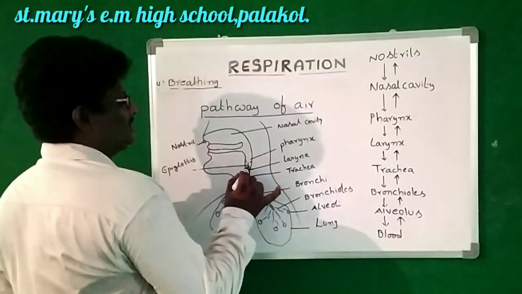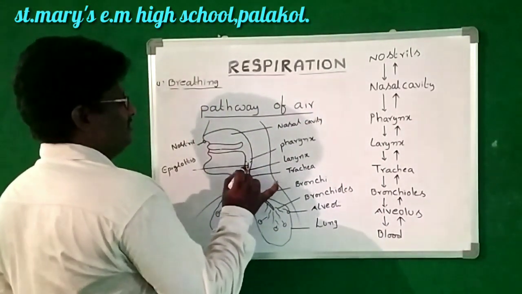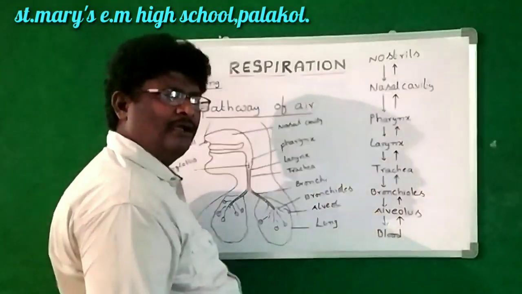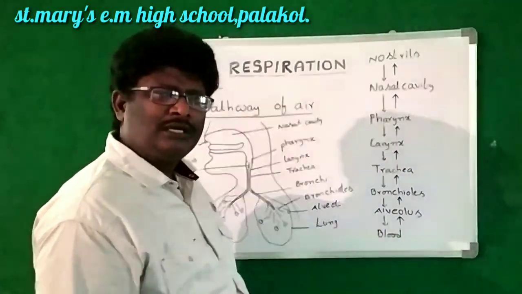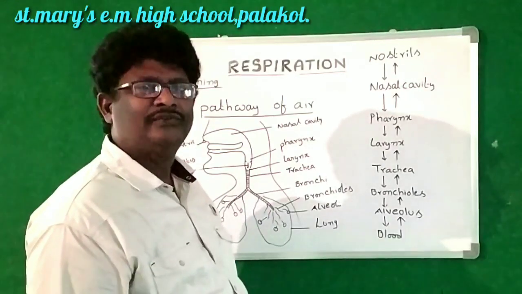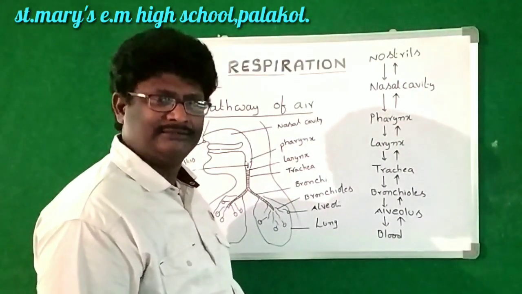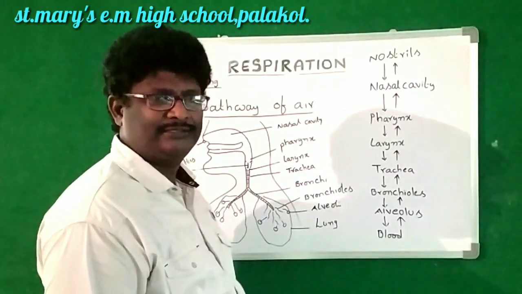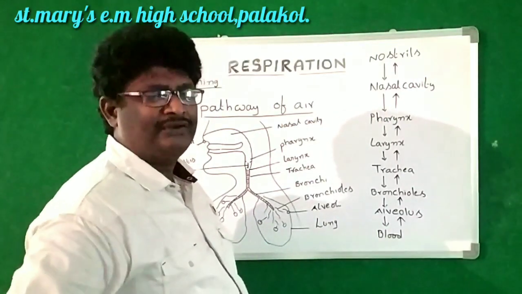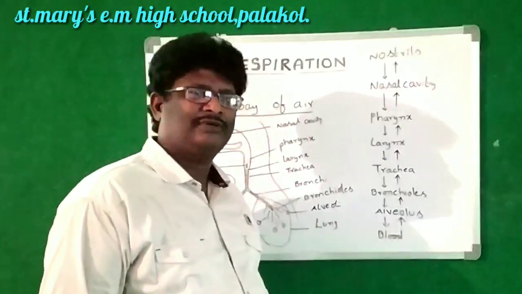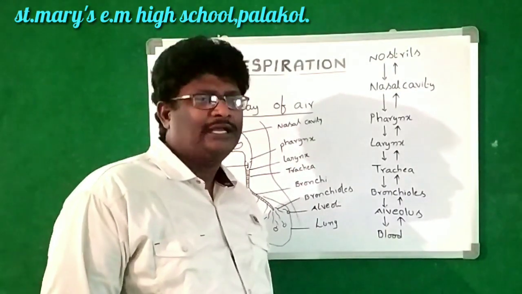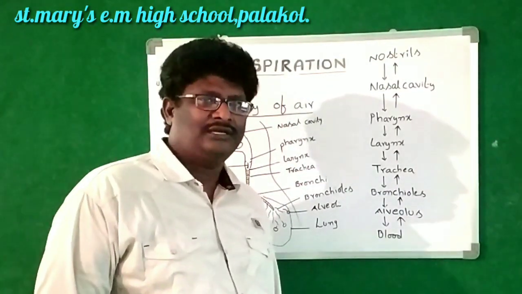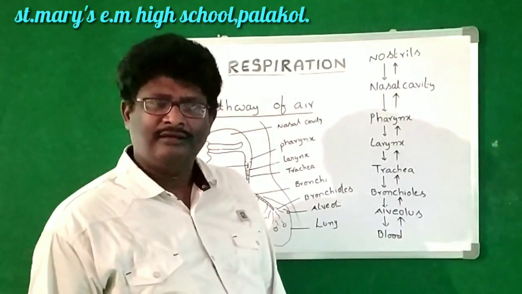Pharynx is the common passage of food and air. Actually, when we are taking oxygen from nostrils, it crosses the nasal cavity and reaches the pharynx.